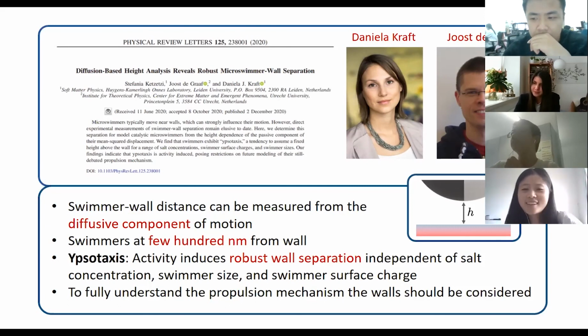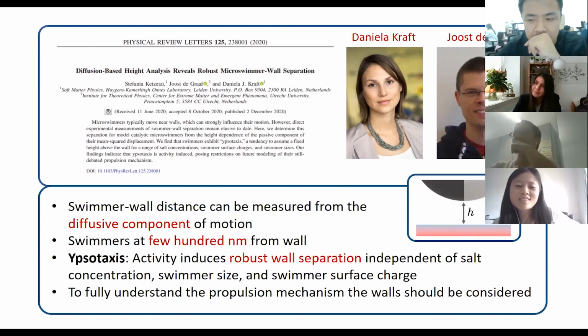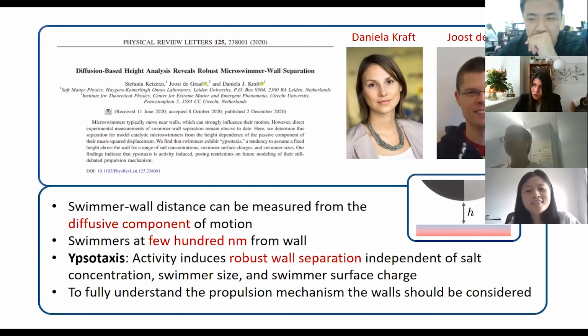Can I have a small question based on this? I'm curious, when you change the surface charge, did the motion direction also change? No, actually it does not. We didn't see that. The particles that were positively charged also moved away from the platinum, so we did not see a reversal in the motion.